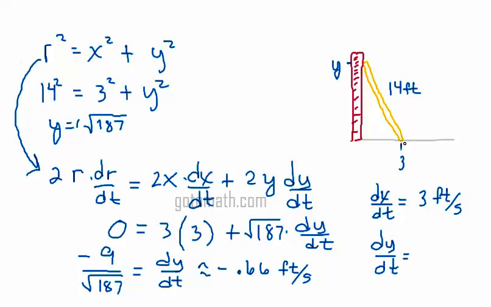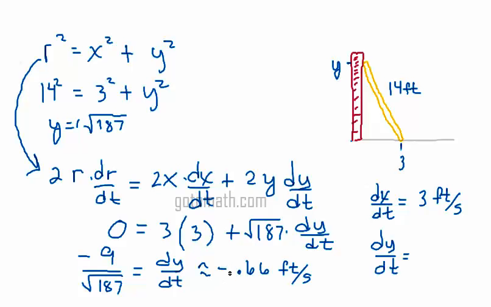Now remember, this is feet per second, so you don't want to leave off your units, especially if we are using units. There's something I need to say here real quick. dy over dt, which we're saying is approximately negative 0.66, is negative because the sign tells us that this distance is decreasing.